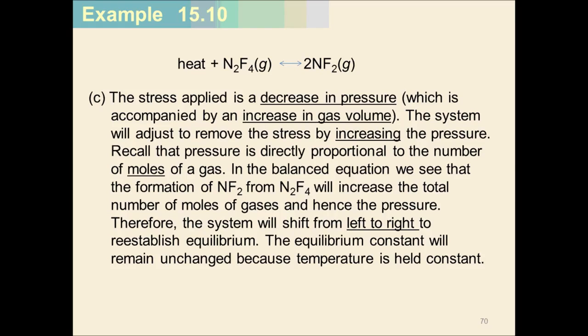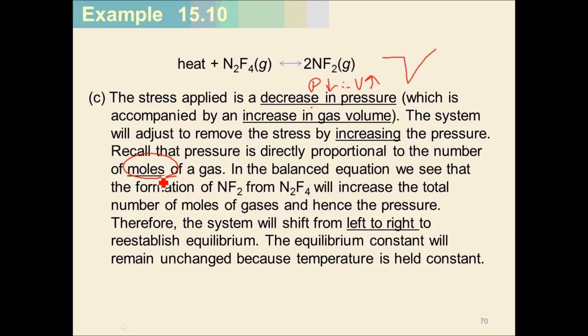Slide 70, part C. What if you decrease the amount of pressure? So if you decrease the amount of pressure, the system will try to increase the amount of pressure. But what we also saw was that since P is down, V would be up. So the system will adjust to remove the stress by increasing the pressure. Pressure is directly proportional to the moles of a gas.